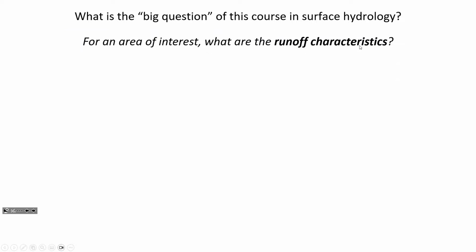And runoff characteristics, that means how quickly does the water arrive after it starts raining? Like what's the delay? Or how much water is there in terms of like cubic feet per second? How much water is there for a certain size storm?